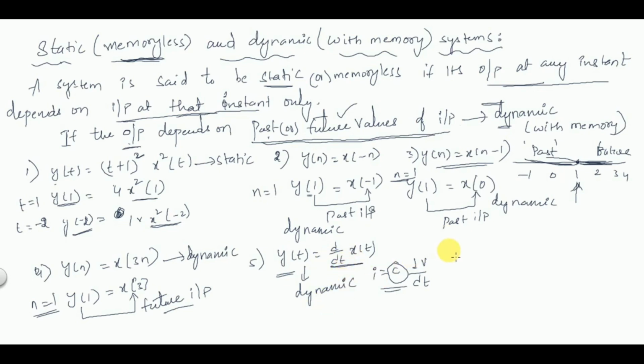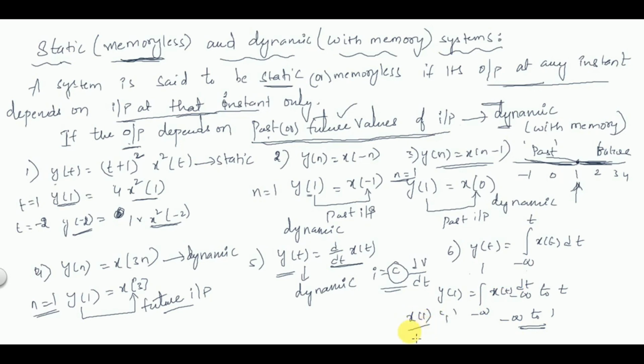Similarly, integration is also a dynamic system. Sixth one, y of t is equal to the integral from minus infinity to t of x of t dt is also a dynamic system, because it depends on all the values from minus infinity to t. If you take y of 1, it depends on all the values from minus infinity to 1. But for a system to be static, it should depend only on x of 1.